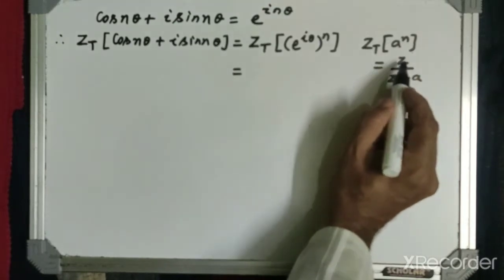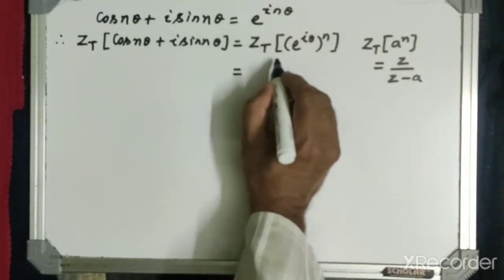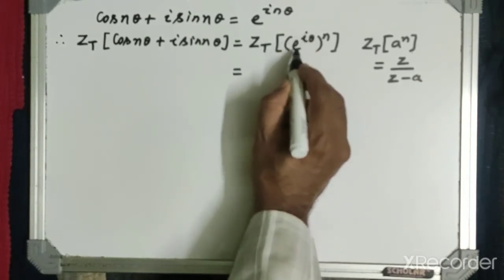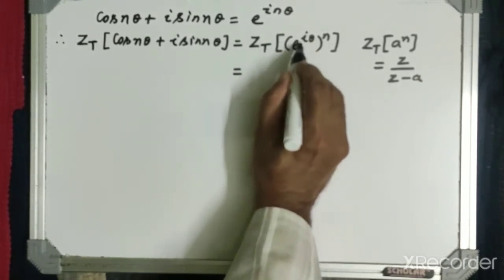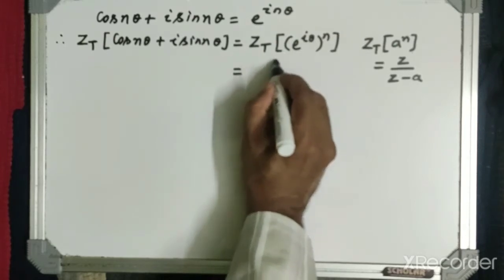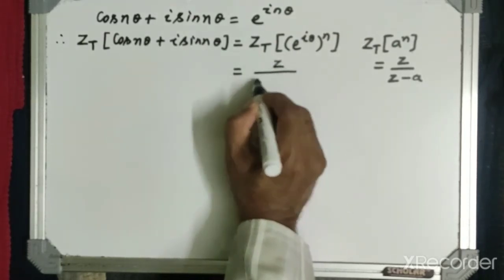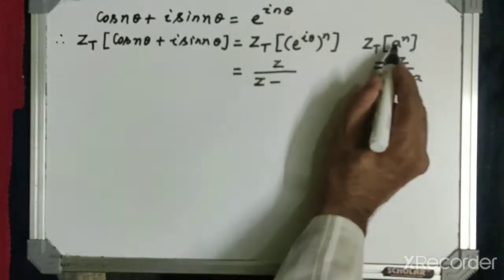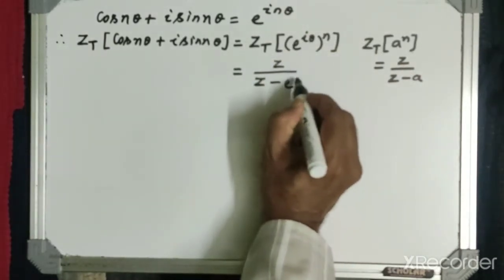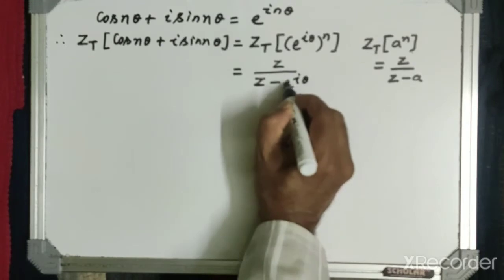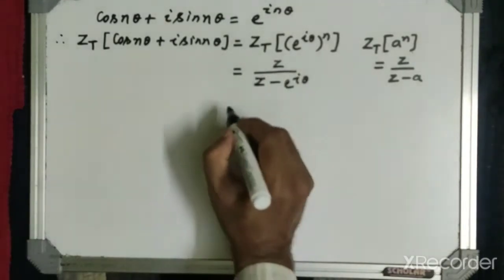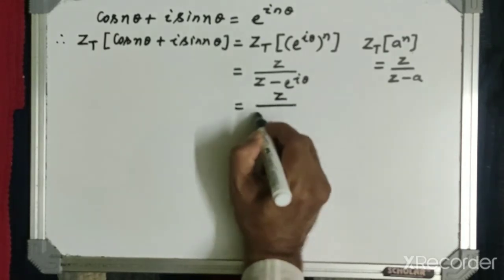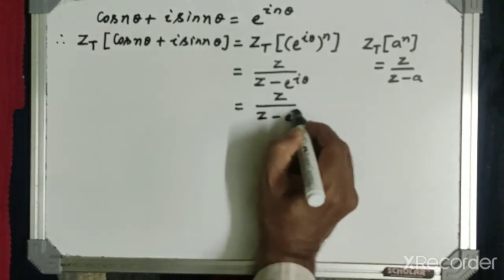Therefore, the Z transform of e power i theta whole power n is z by z minus a, where a is e power i theta. This is equal to z by z minus e power i theta.